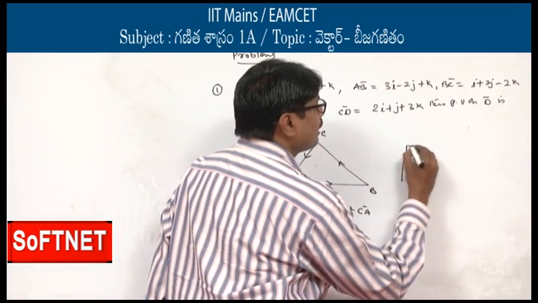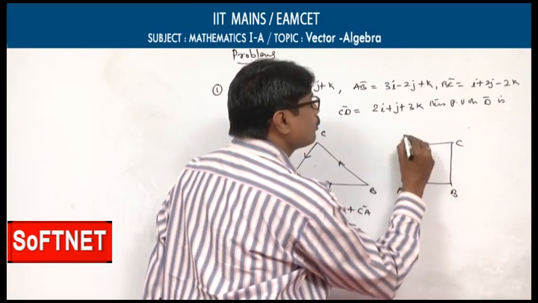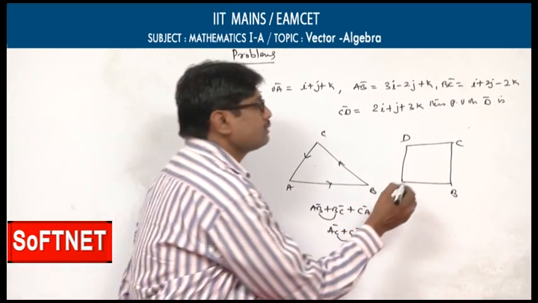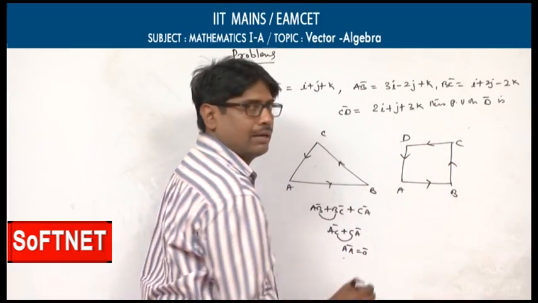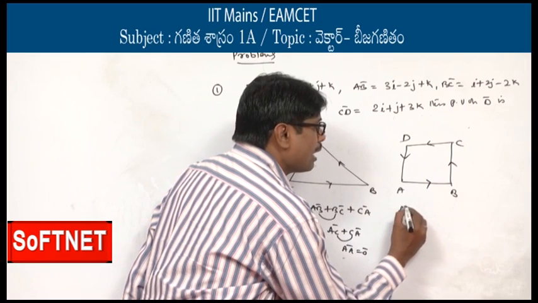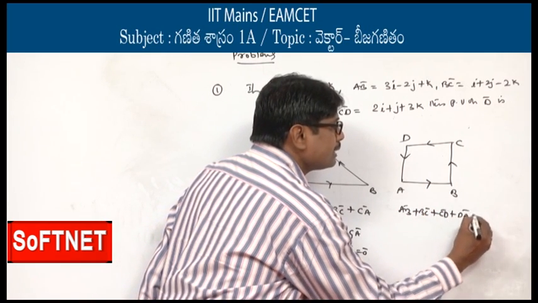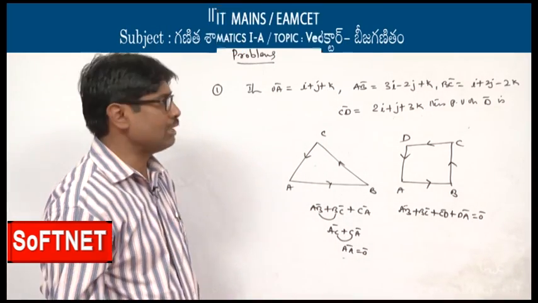Consider a quadrilateral ABCD, a closed polygon, meaning its initial point and terminal point coincide. So AB bar plus BC bar plus CD bar plus DA bar is equal to 0 bar. If you take any closed polygon, the vector sum will be 0.